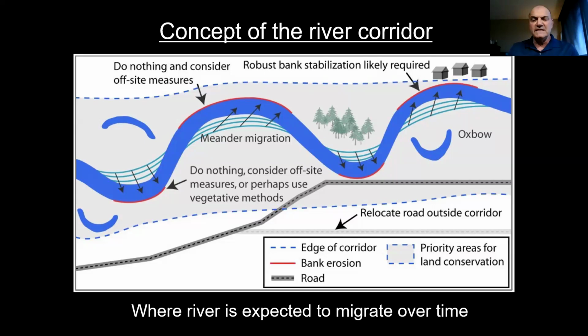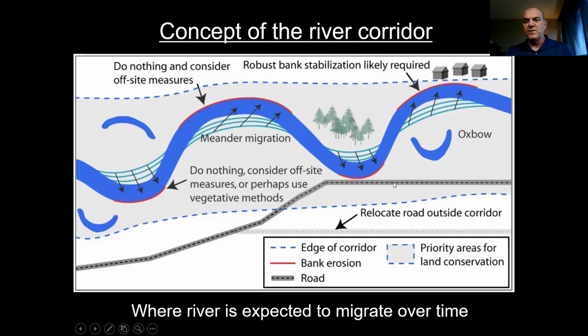And this is where the concept of the river corridor comes in. In order for the river to maintain that equilibrium, it needs a certain amount of space in order to shift and migrate through time. In this sketch, which is in the report, we're highlighting different scenarios where different treatments or no treatments might be needed.